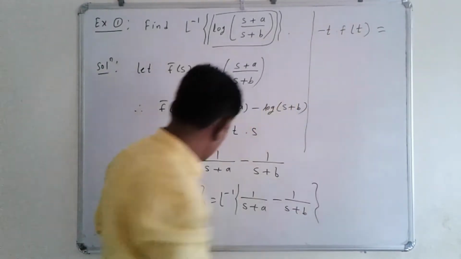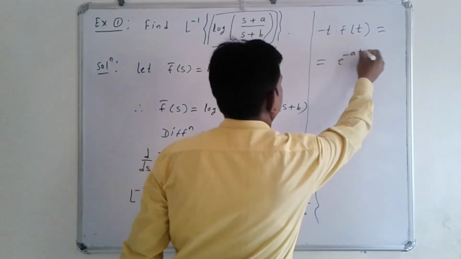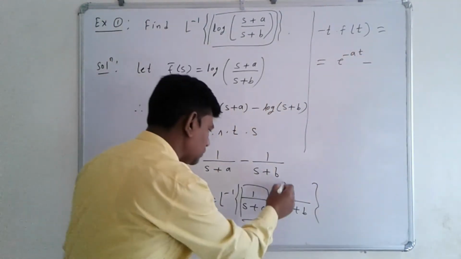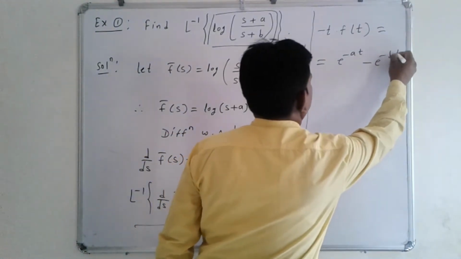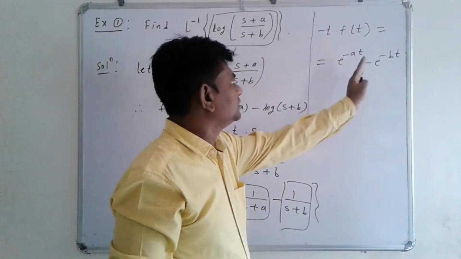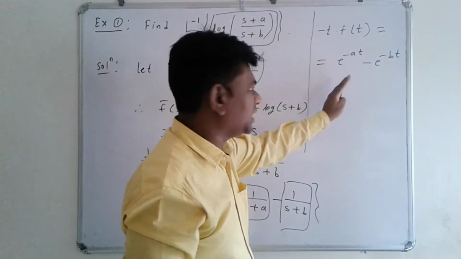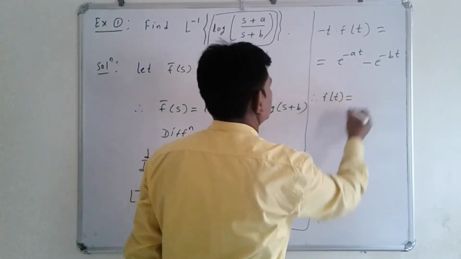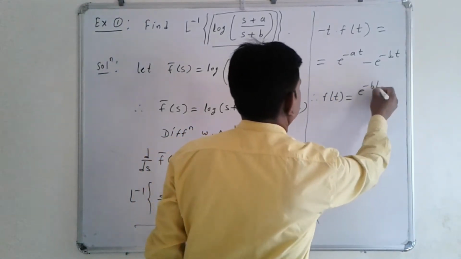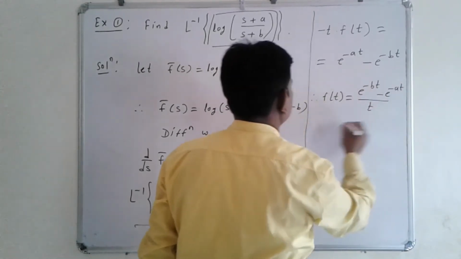This is equal to inverse of 1 upon s plus a, answer is e to the power minus at, minus inverse of 1 upon s plus b, answer is e to the power minus bt. Now multiplying this whole equation by minus 1 and dividing by t, so therefore f of t is equal to e to the power minus bt minus e to the power minus at upon t.